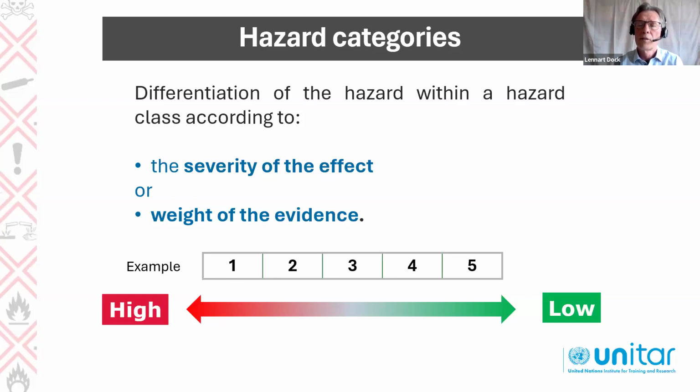So positive animal data do not negate lack of evidence in humans. That's also very important to bear in mind. You cannot say that, well, these people are working with this chemical and they feel fine. If you have animal data showing that this chemical actually can cause cancer, then you classify it. You cannot say that just because we haven't seen effects in humans, we consider the chemical non-hazardous.